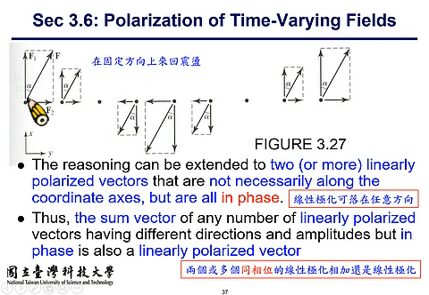The addition of the two is the vector F. As you can see, as time changes, the F vector goes forward and backward on this slanted path. So as long as the two vectors are added up in phase, it's still a linear polarization. The sum vector of any number of linearly polarized vectors with different directions and amplitudes, but in phase, is still a linearly polarized vector.